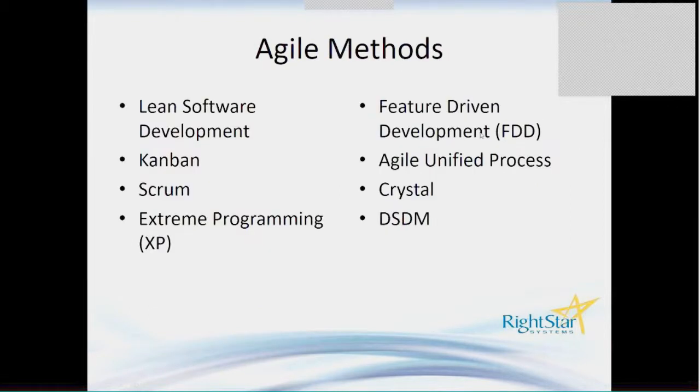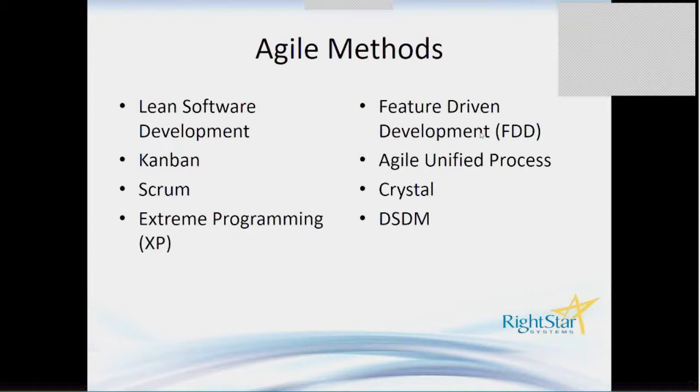I mentioned earlier that although the principles and methodologies are open source, open and accessible to the public, there are a number of Agile methods that are taught and documented that are, to varying degrees, somewhat more proprietary.